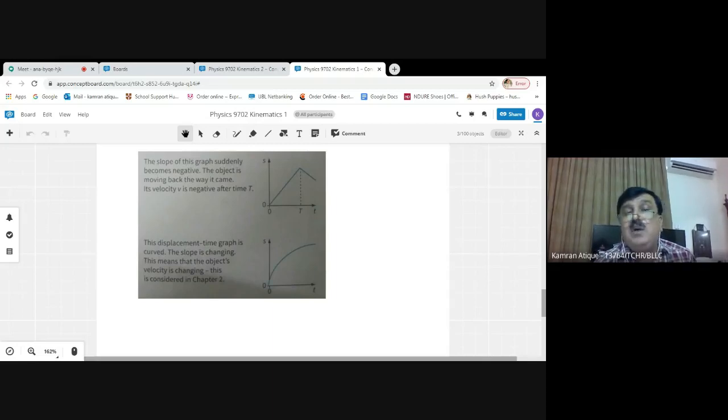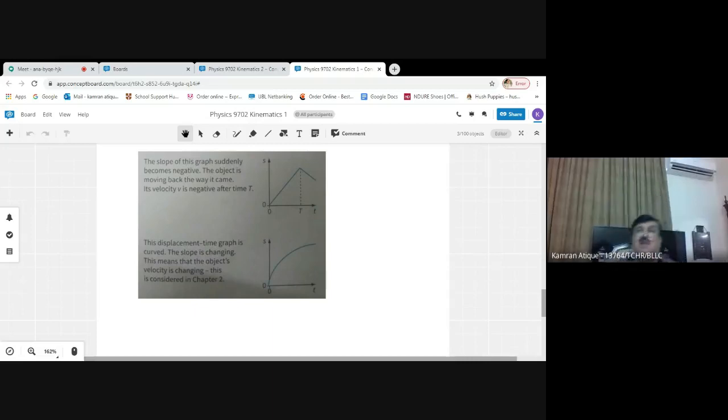And similarly, less distance in the fourth equal interval of time, compared to the first, second, and third intervals.